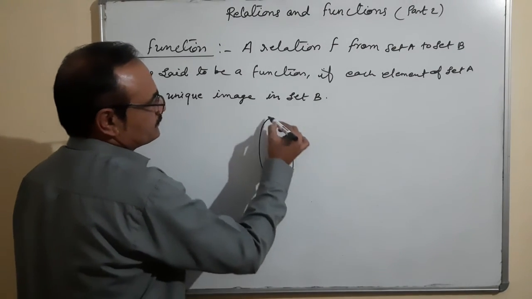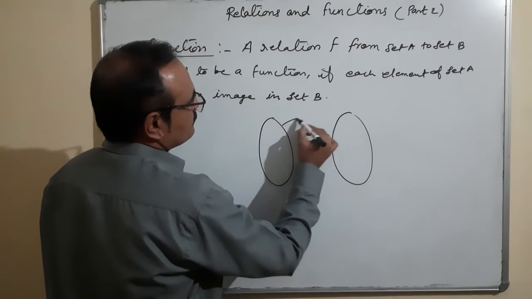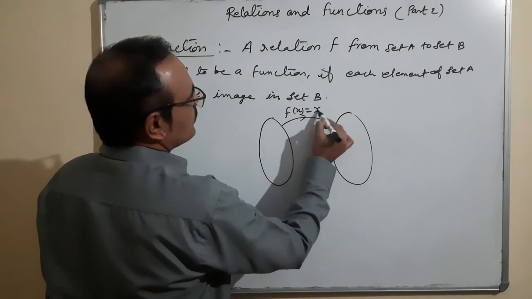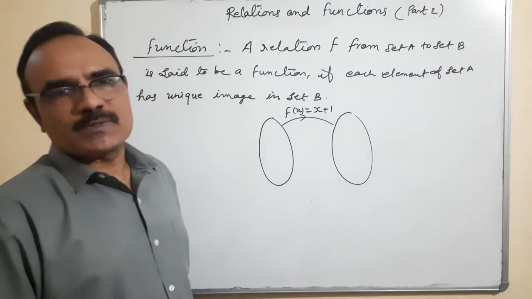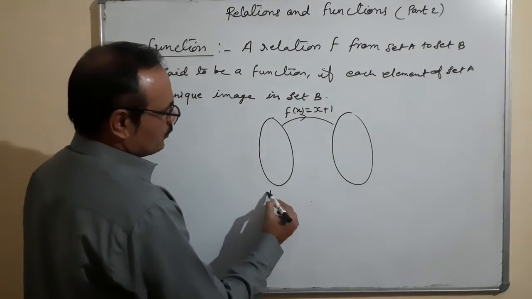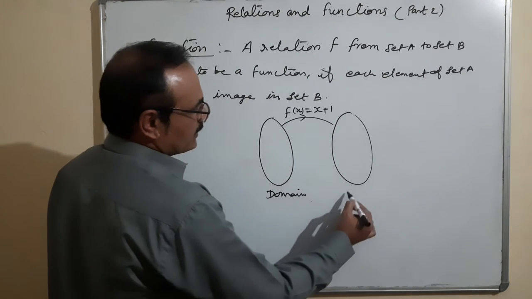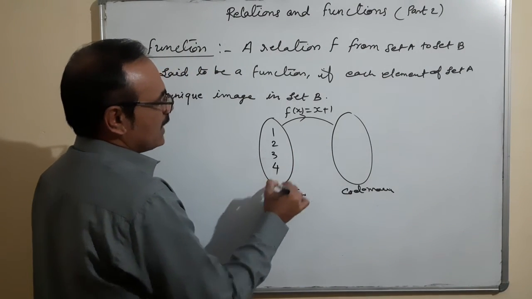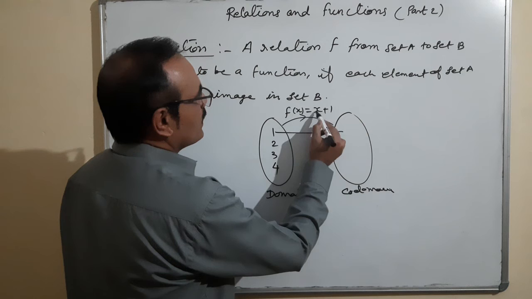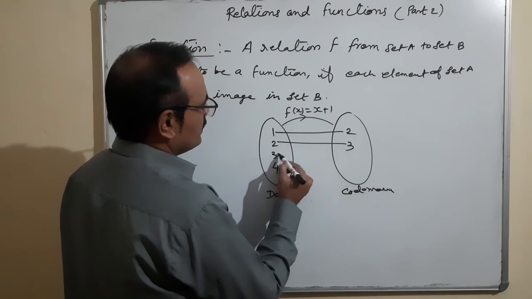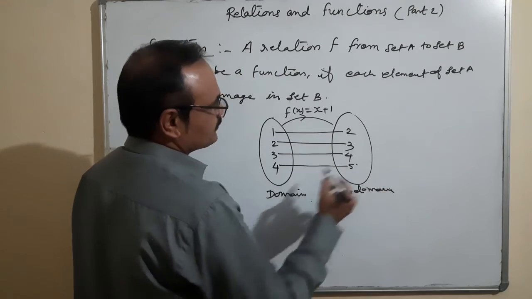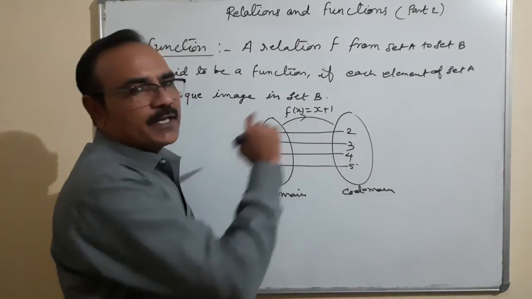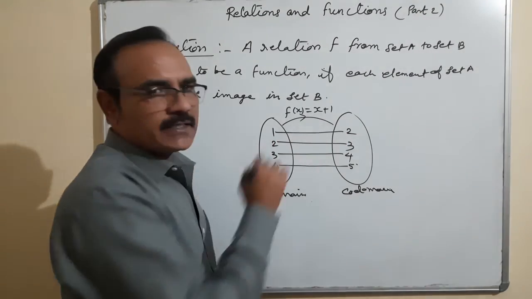Suppose this is the function f of x is equal to x plus 1, and suppose this is the domain and this is the codomain. I have taken 1, 2, 3, 4: 1 plus 1 is 2, 2 has image 3, 3 has image 4, 4 has image 5. So what does it mean? Every element from the domain set has a unique image in the codomain set. Then this relation is called a function.